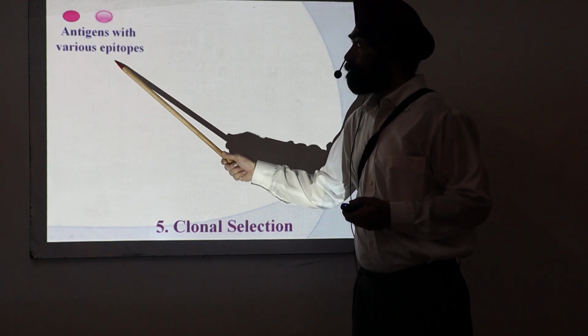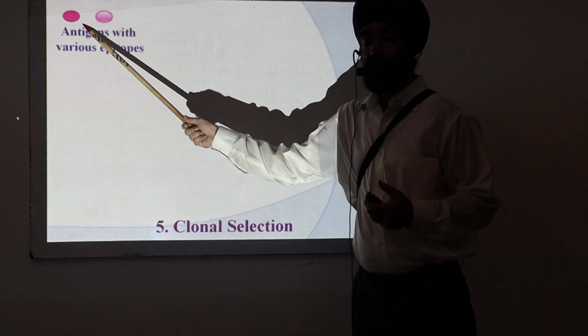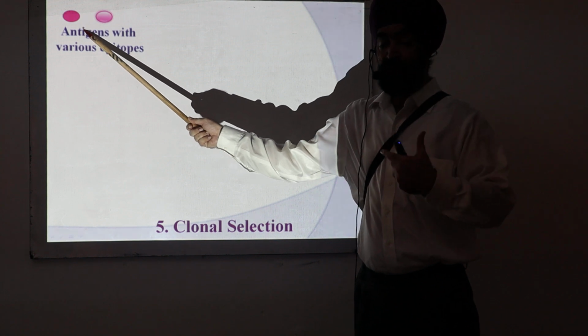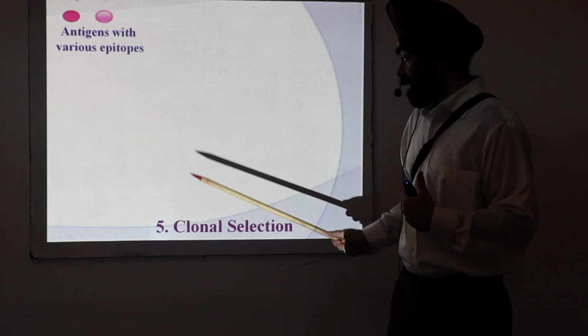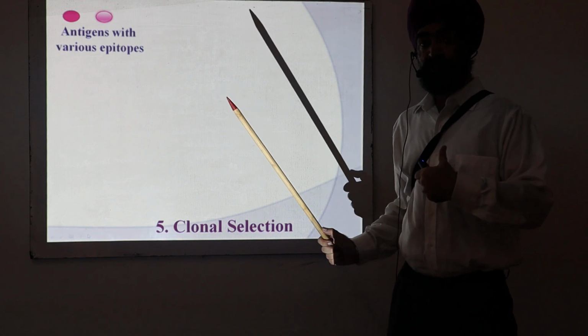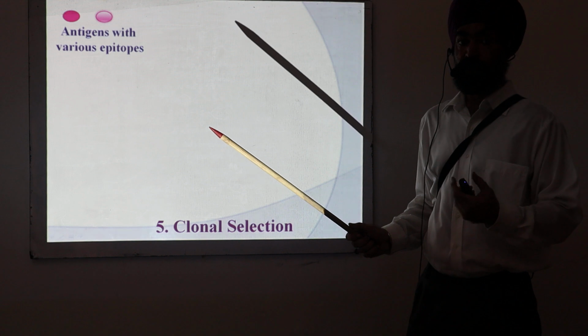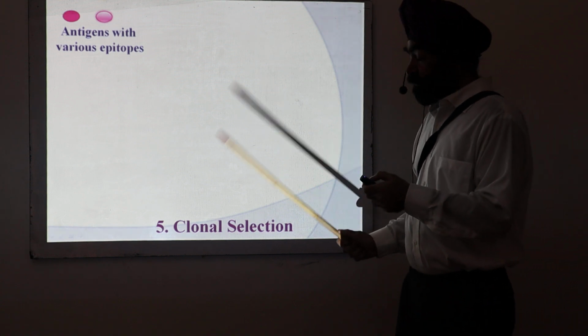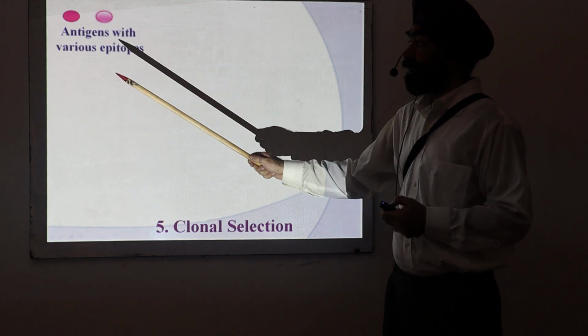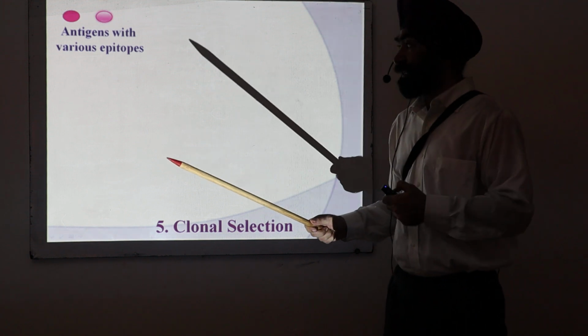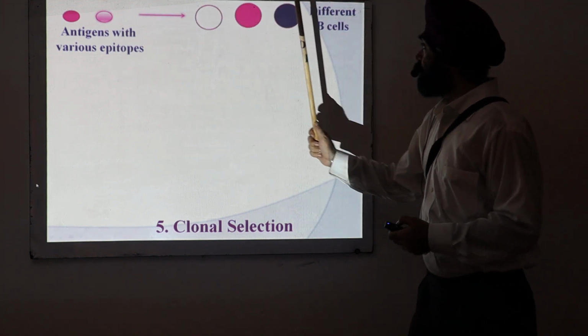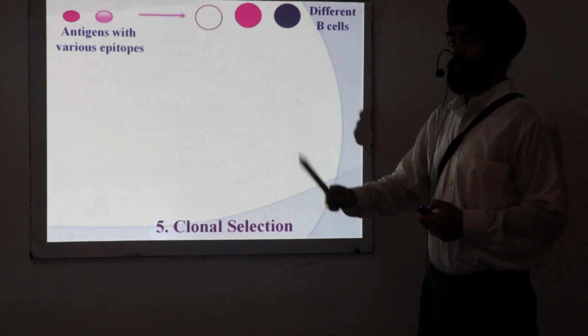To understand the epitope concept and monoclonal antibodies, click on the links given in the description section of this video, which discuss in detail clonal selection, monoclonal antibodies, and epitopes. So we have antigens with various epitopes that we injected in the mice. As a result, we got different kinds of B cells.